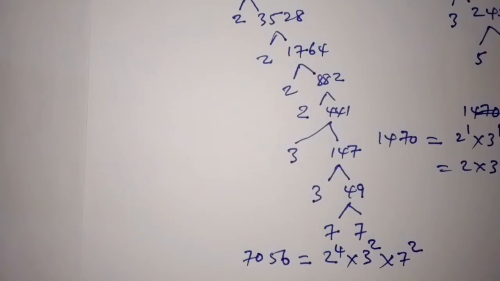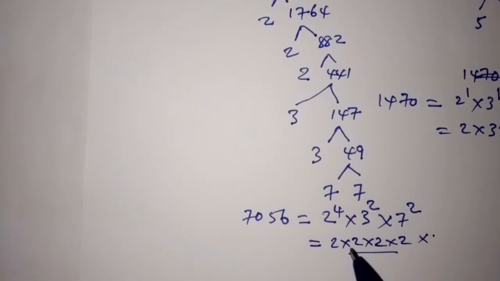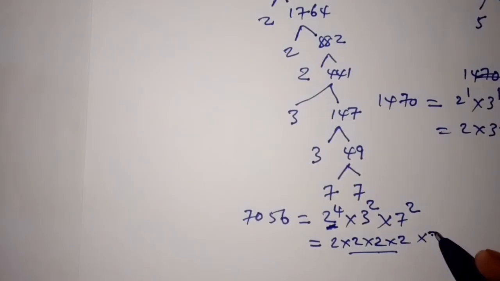So that is the factorization of 7056. We can write 2 power 4 as 2 times 2 times 2 times 2, then times 3 power 2 times 7 power 2.